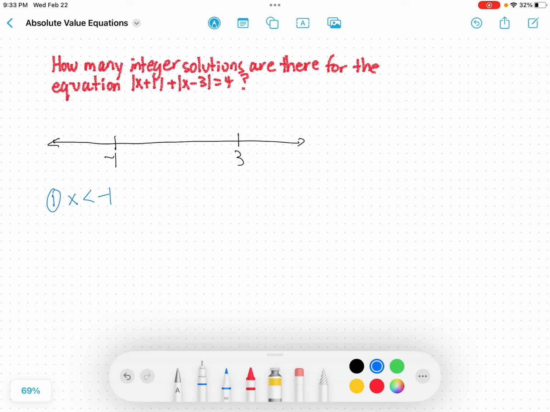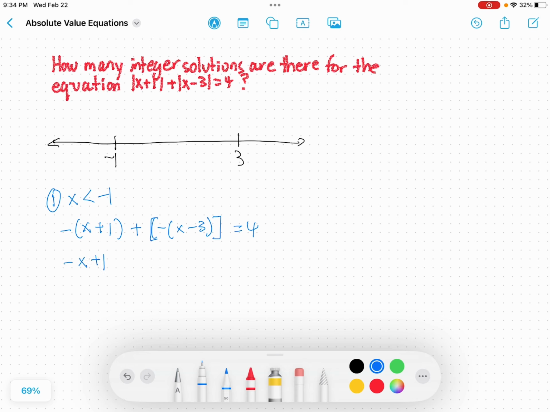So, since |x + 1| and |x - 3| are going to be both negative in this case, we just have to take the negative of the expression. So we get negative (x + 1) plus negative (x - 3) equals 4.